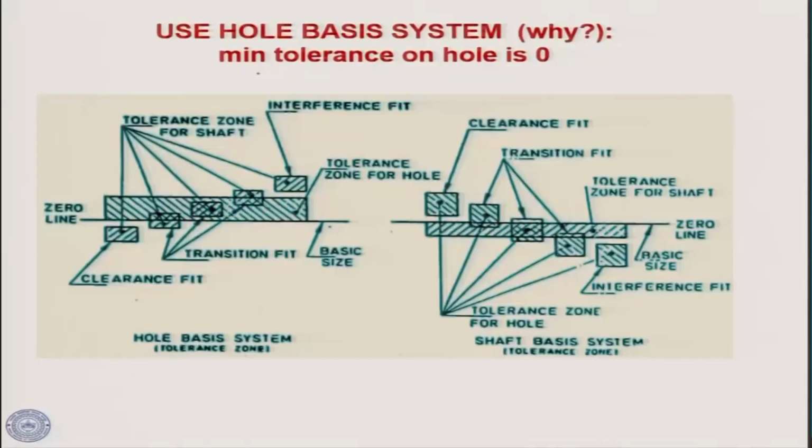You can increase the diameter of the hole, but you cannot decrease it. But in the case of a shaft, you can decrease the diameter, but you cannot increase it. Therefore, the hole basis system should normally be used, because the minimum tolerance on the hole is 0 in the system that is showing here.